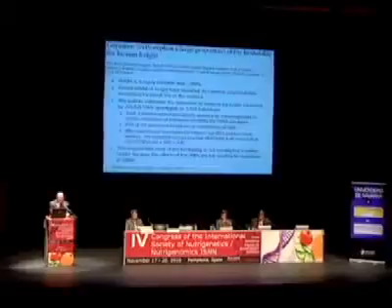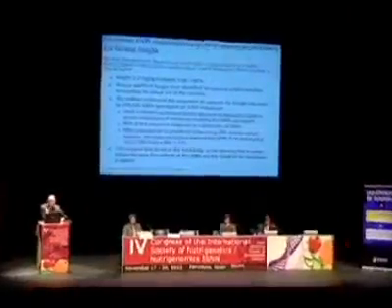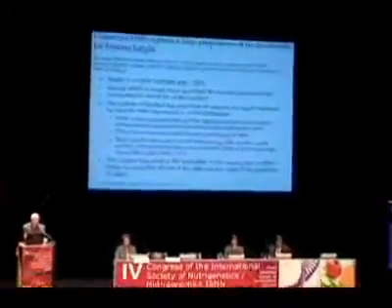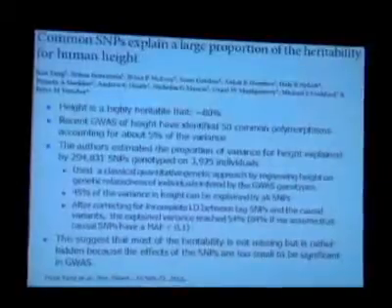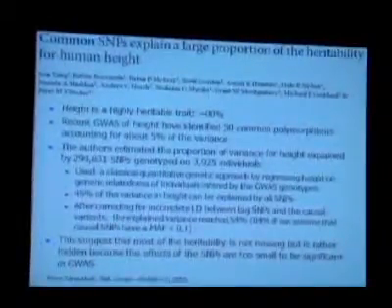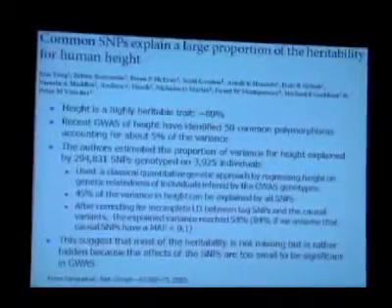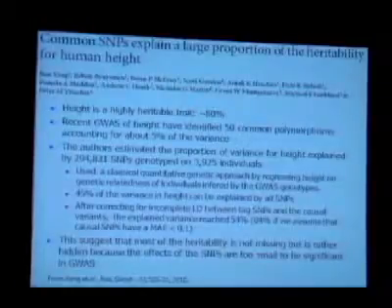So basically what they did here is they used a classical quantitative genetic approach by regressing height on genetic relatedness of individuals inferred by the genome-wide genotypes. So basically this regression coefficient is equivalent to a heritability, and in that case the heritability represents the proportion of variance explained by the SNPs.